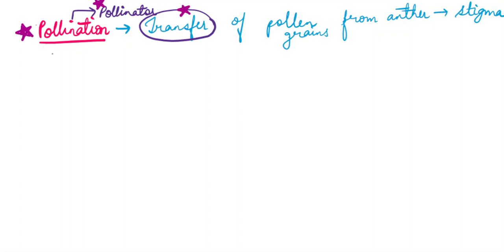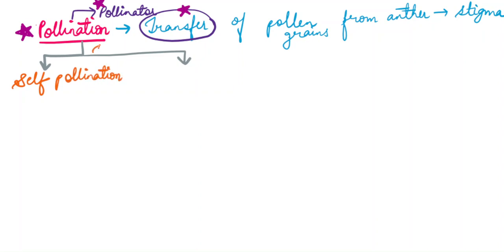Next, if we want to speak the types of pollination, see, the first type is self pollination, and the second type is cross pollination. Now what is the meaning of self pollination and cross pollination?